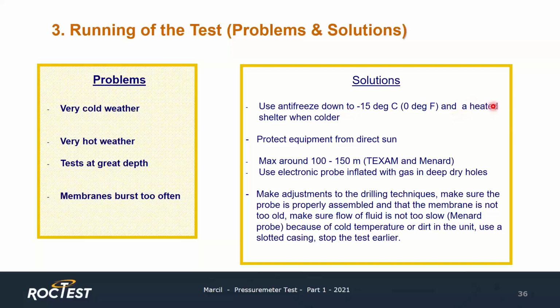Or if it gets really cold, you can use a heated shelter. It is also possible to run a pressuremeter test if it's very hot, but it is important to protect the equipment from direct sun. So the use of a portable canopy is very good. It's good for the equipment and good for the operator.